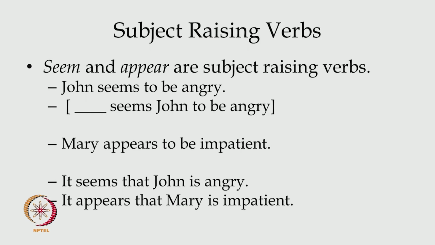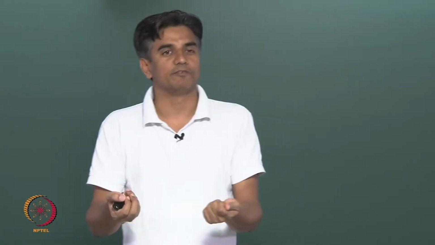So even though this phrase to be angry looks like a VP, actually it is an IP, and then the problem within that IP is that the NP is missing. See the point? So this sentence should actually be John seems, space, to be angry. That is to say, the spec of IP of the lower IP is not available in this sentence. Are you with me? Okay.